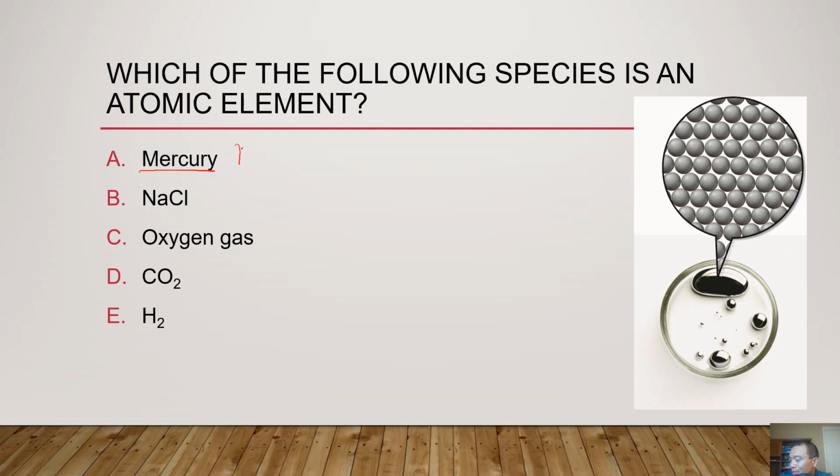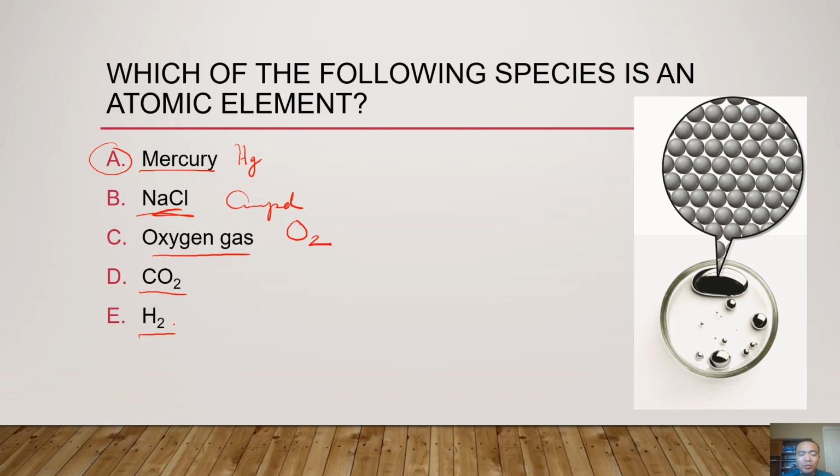Mercury, by the way, is Hg, so that is an atomic one. And B, table salt, that's not even an element, that's a compound. Okay, oxygen gas is O2. CO2, that's a compound. H2 is diatomic. So that's why A is the correct answer.